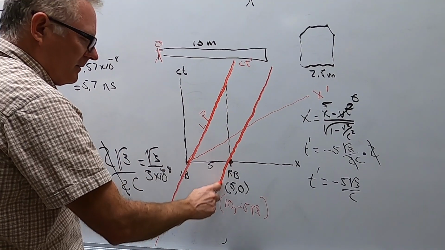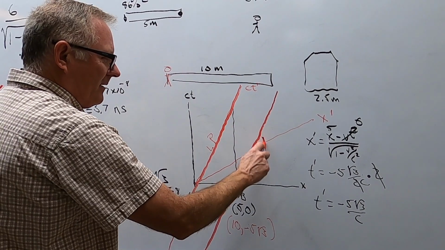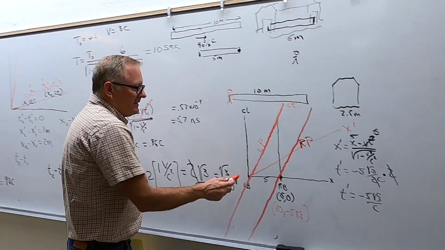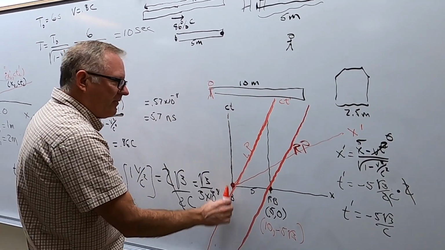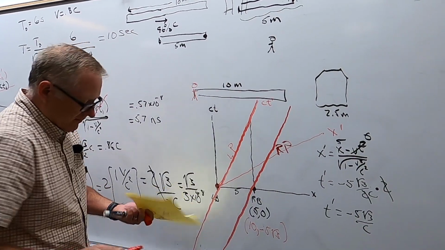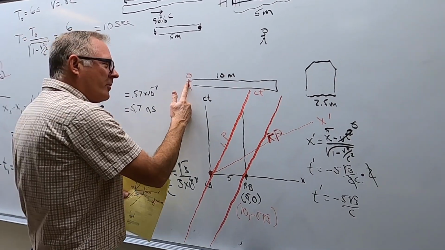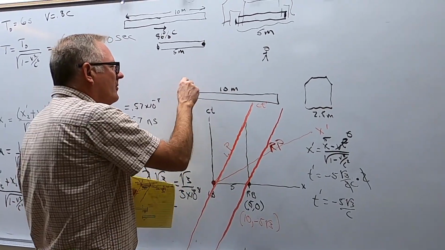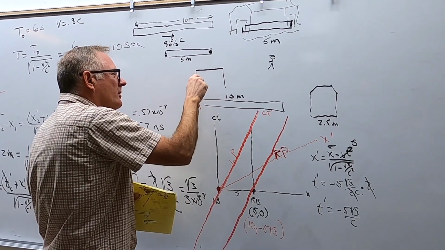So this is the left end of the pole, and this is the right side of the pole. Well, we can see when the left side of the pole is equal to the left end of the barn right there. So at this point, that's when the person holding the pole is right at the left end of the barn. So let me just draw the barn right there. So here's the barn.